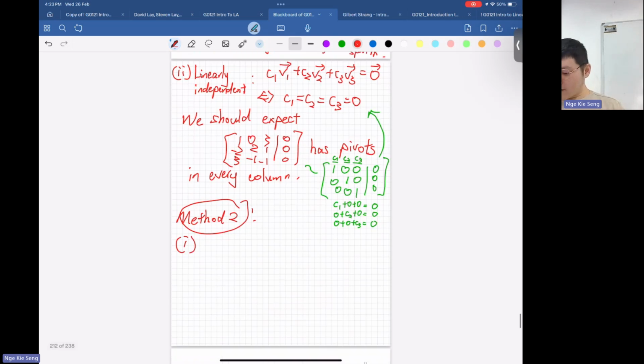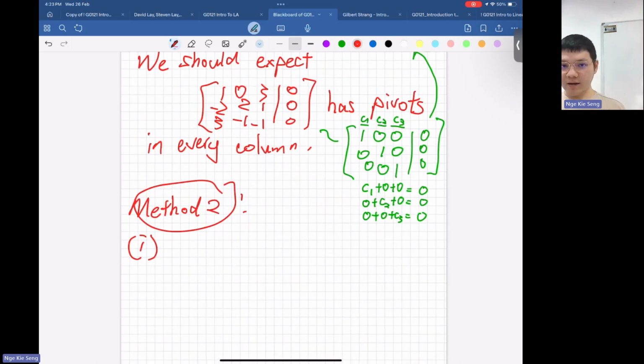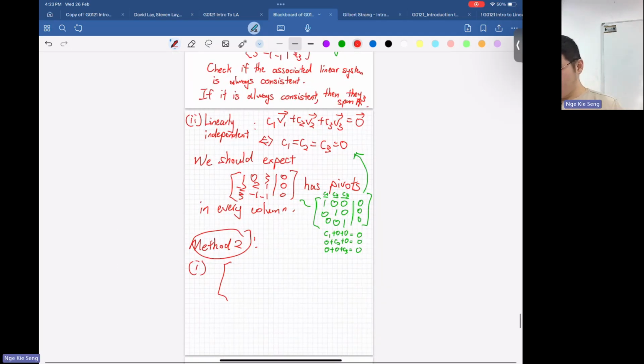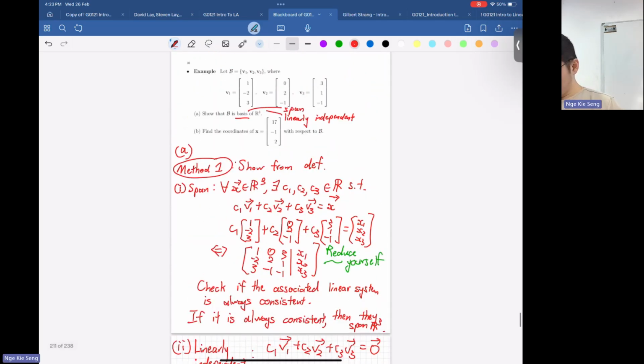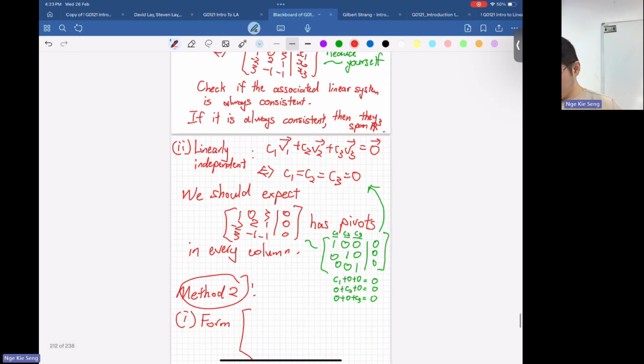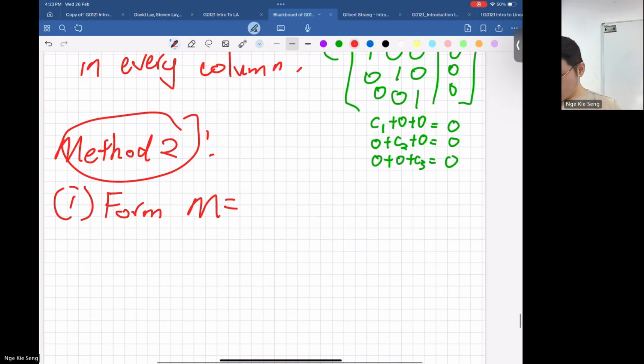Once you see this kind of question, you can write down the matrix first. Form the matrix using V1, V2, V3. So let's form M to be V1, V2, V3.